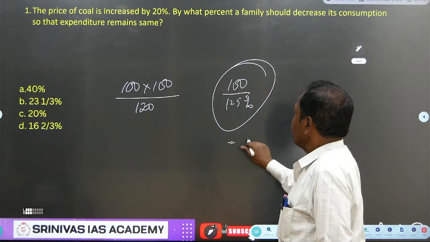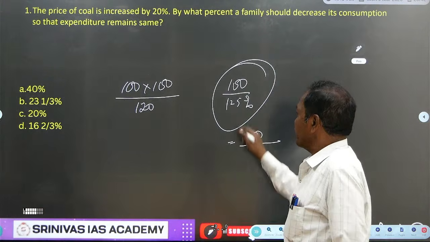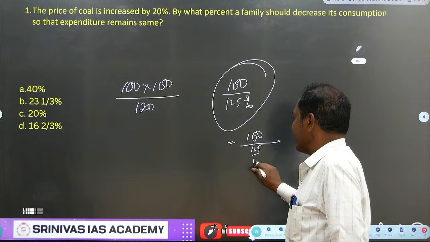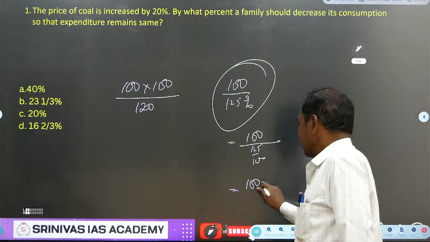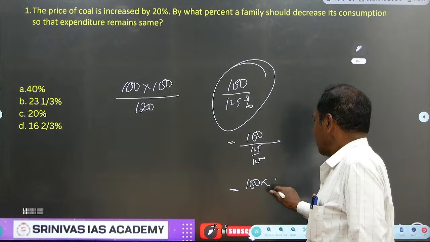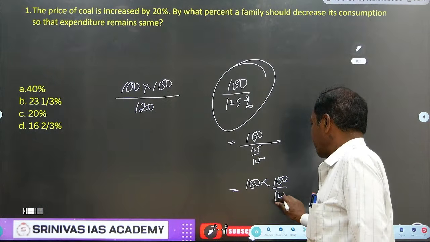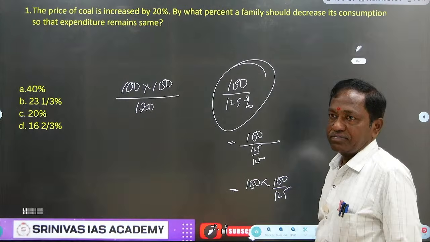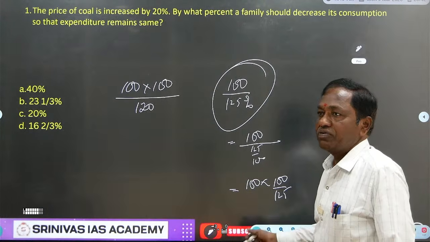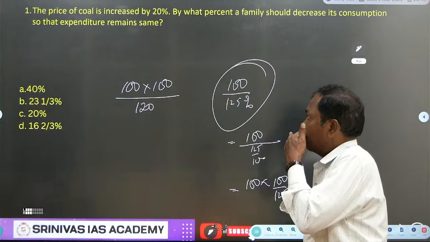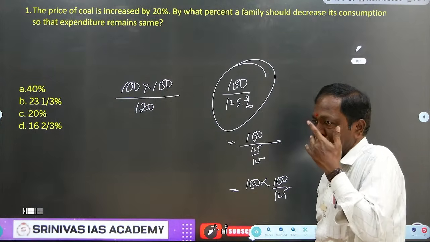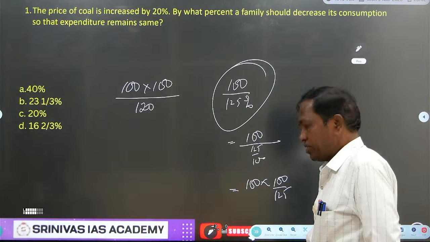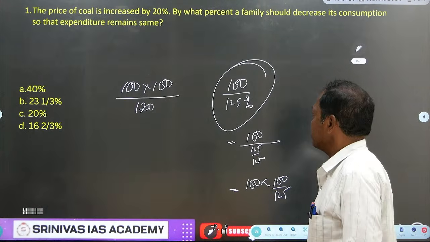And what is the next step for this? 100 by 125%, 125 by 100. What is the next step again? Reversing the fraction, 100 by 125. That's how it will happen. This is the original process.